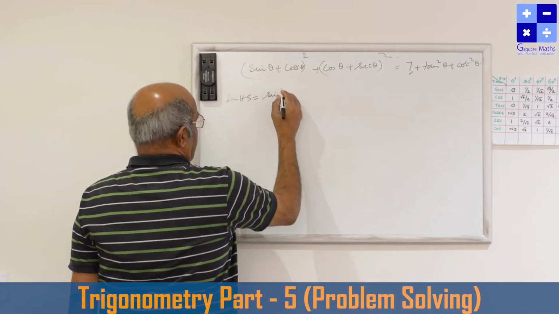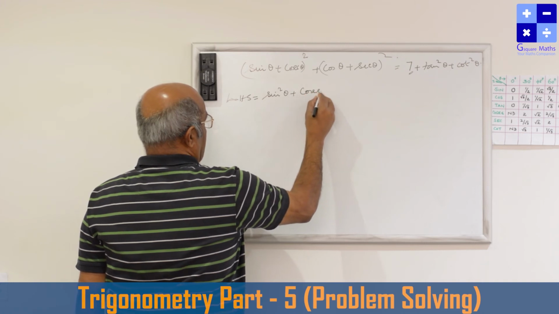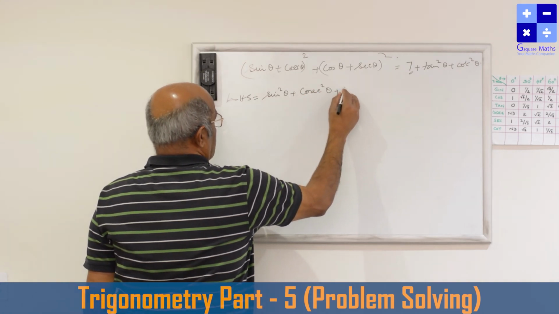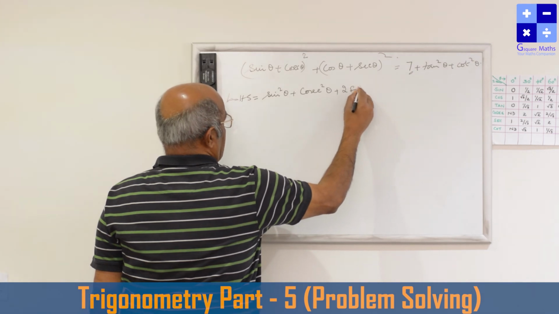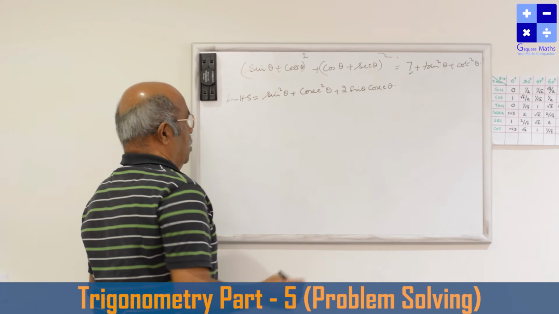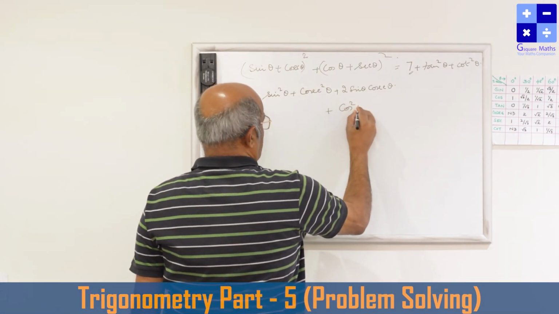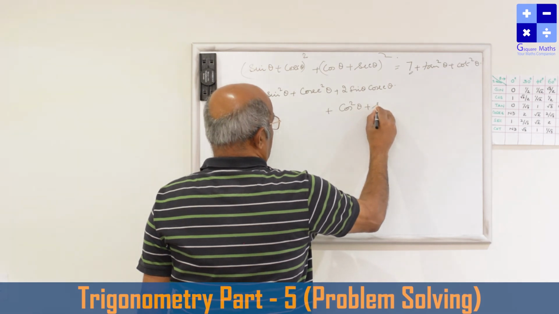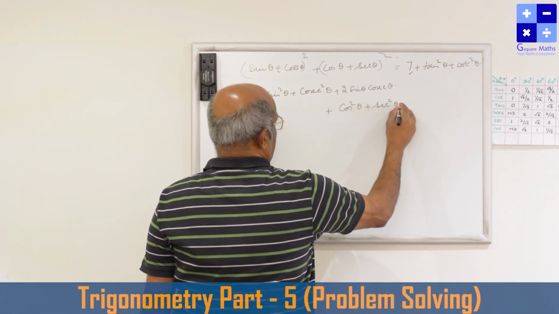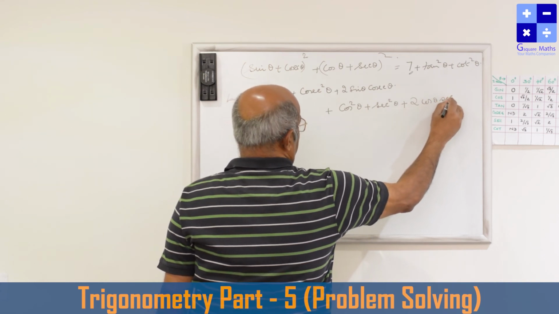A plus b whole square, a square plus b square plus 2ab, plus cos square theta plus sec square theta plus 2 cos theta sec theta.